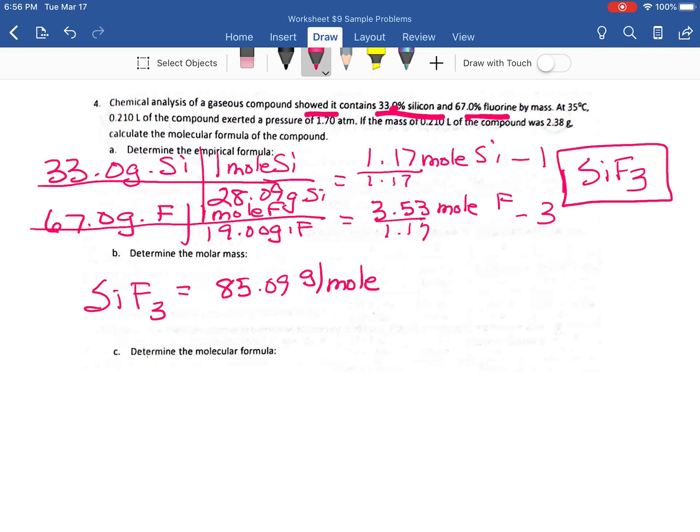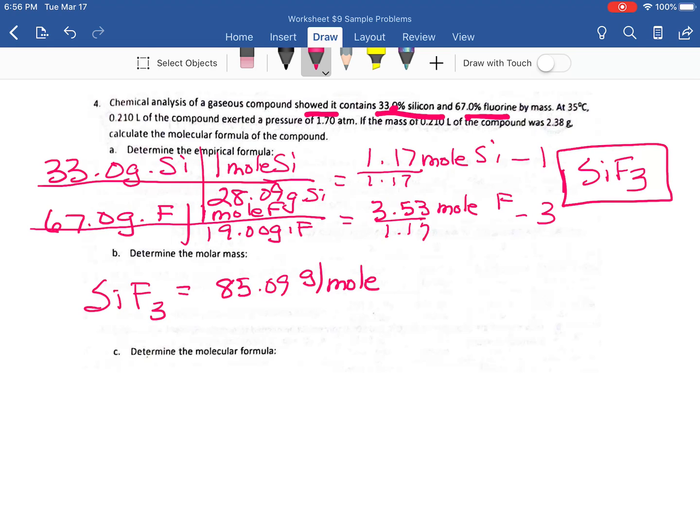Then the rest of the problem gives you all kinds of information. It tells you at 35 degrees Celsius, 0.21 liters of the compound exert a pressure of 1.7 atmospheres, and it gives you a mass of the 0.210 liters of the compound as 2.38 grams.